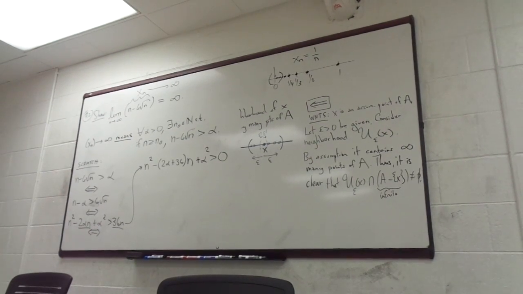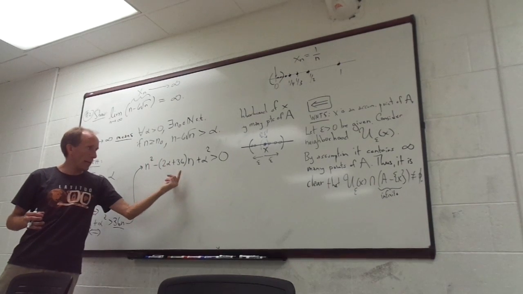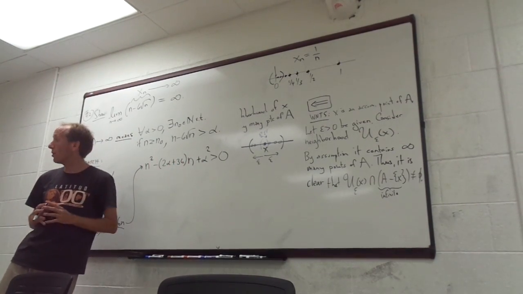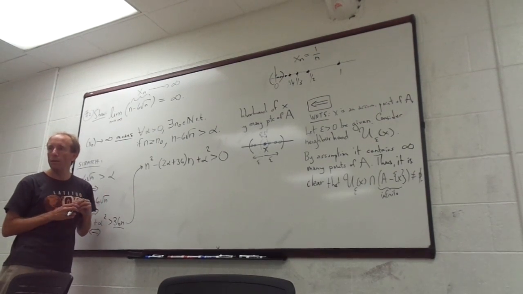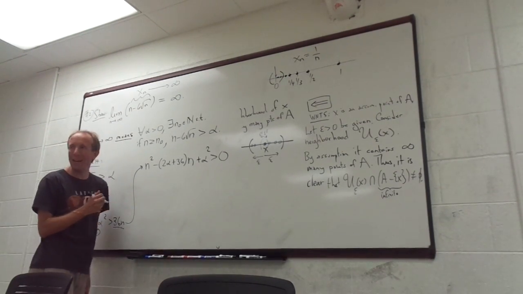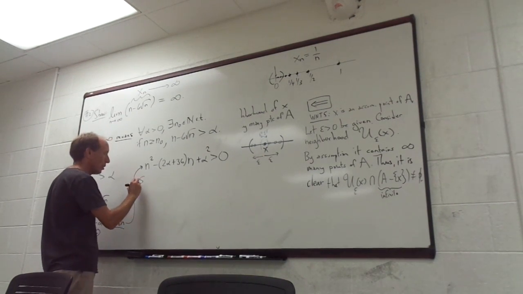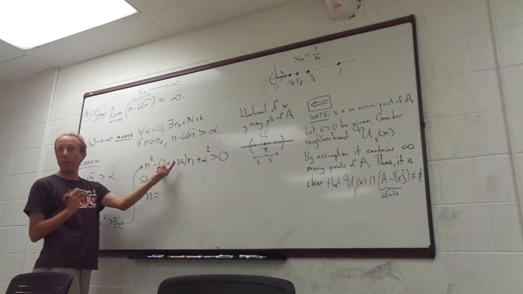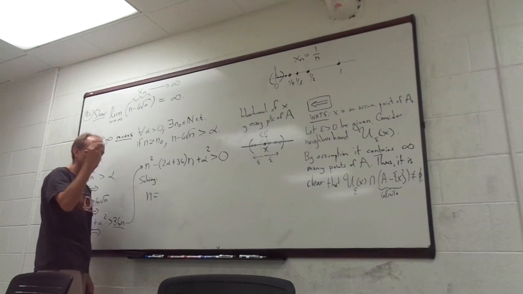And now I have a quadratic formula in terms of n squared with an n coefficient and a constant coefficient. So now we can try to use the quadratic formula. I know, it looks a little ugly, but that's not going to be that bad. So solving, n is equal to the negative of the b coefficient in the ax squared plus bx plus c formula.